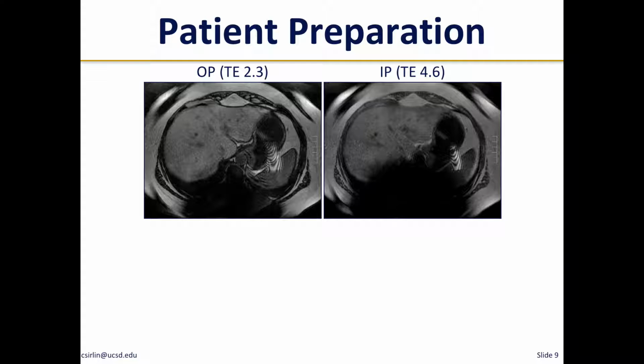So this is what I mean by patient preparation. Here is a normal volunteer that we scanned maybe in 2007, 2008, and there's all of this artifact coming from the back. Any idea what this artifact is? So these are tiny little clips from a bra. So prepare your patient.